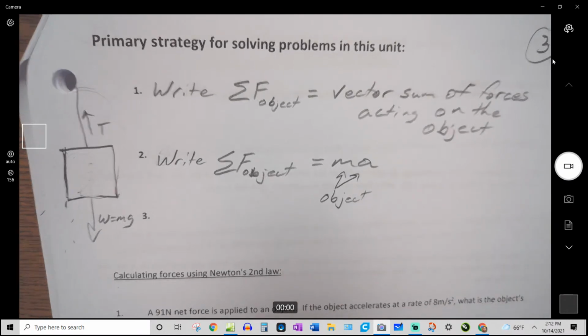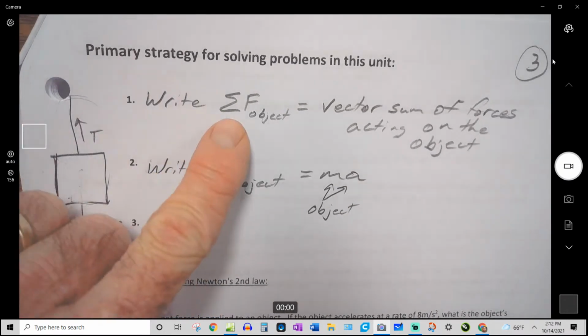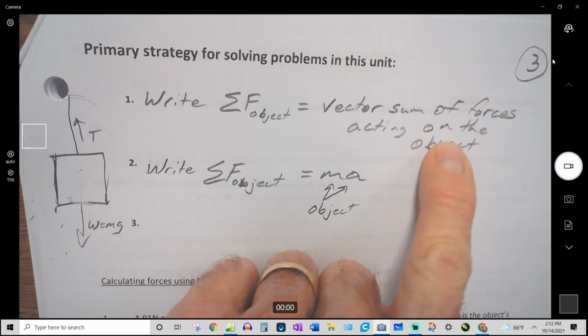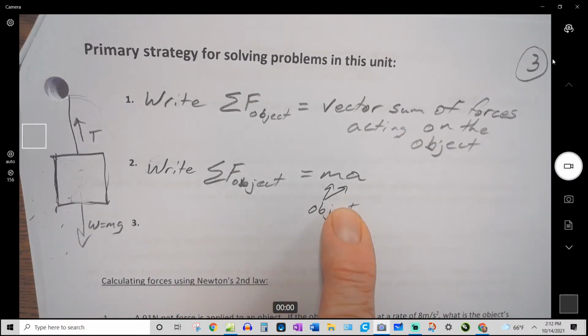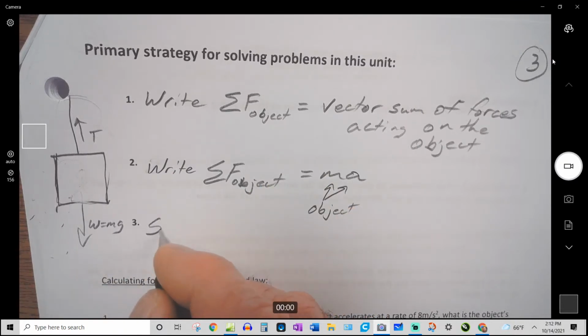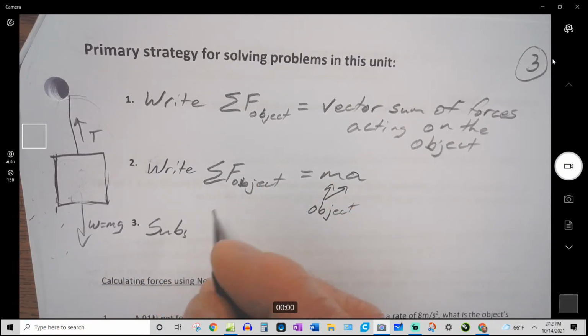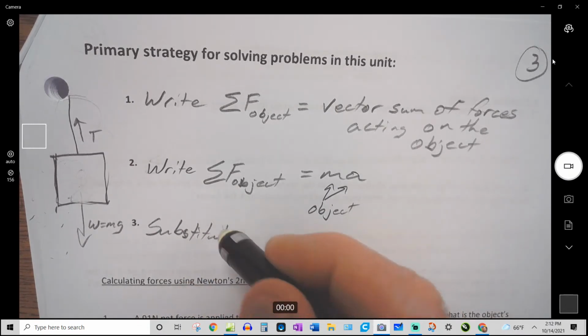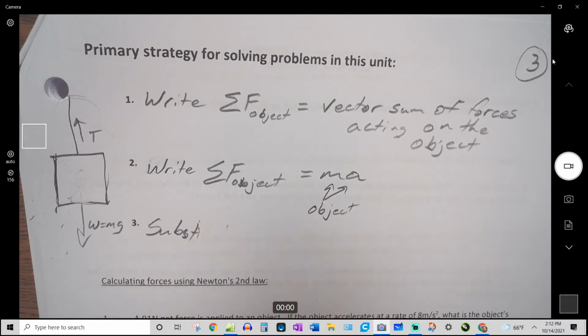And then finally, guess what I do? Once I get net force of the object equals this, and net force of the object equals that, guess what comes next? I've got two equations for the same thing. Systems of equations? Yeah, set them equal to one another. So I substitute, or whatever you call it. I'm just going to say substitute because I feel like there are too many T's in here.